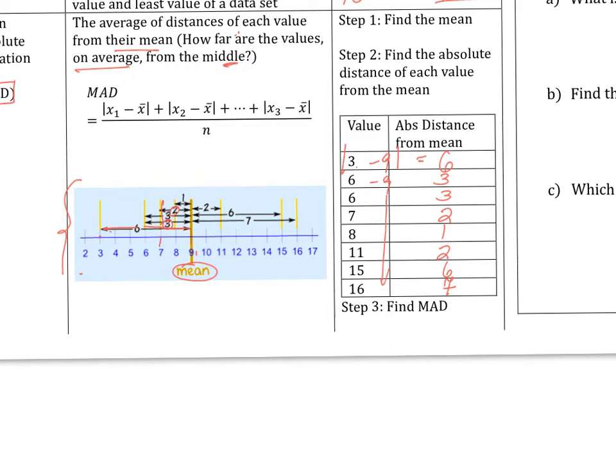Now, then we want to calculate the average, okay, the average of these distances. So we're going to have to take the sum of all of these values, and it makes 30, and we're going to have to divide by 8 because there are 8 values, and that would be 3.75.